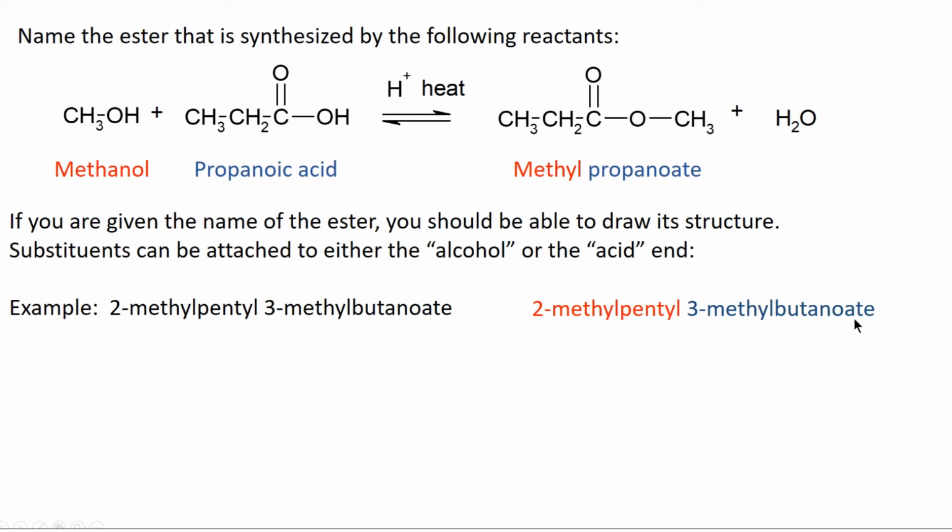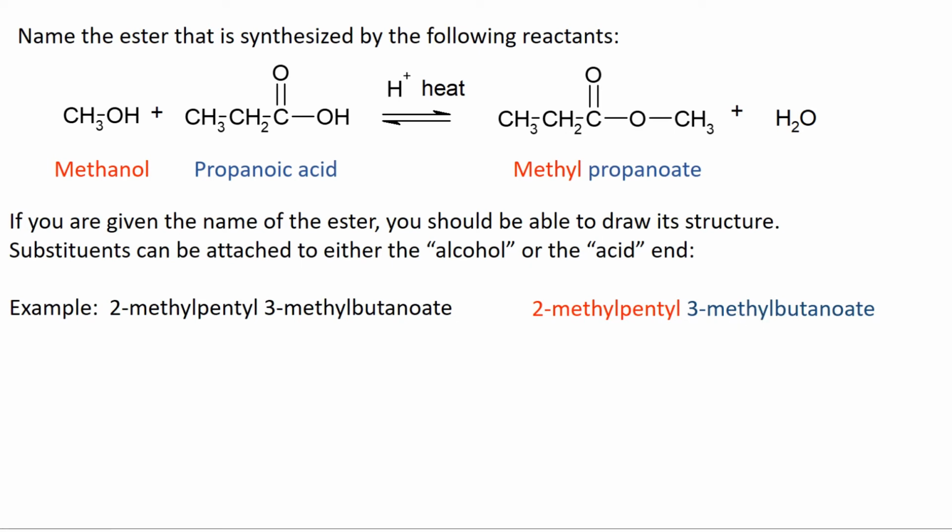So, working backwards, let's look at the carboxylic acid portion. It's a butanoate. So we've got four carbons in there that are attached to the carbonyl. This carbonyl is what comes from your carboxylic acid. If this is carbon number 1, count over to 3, and there's a methyl portion coming off of that.